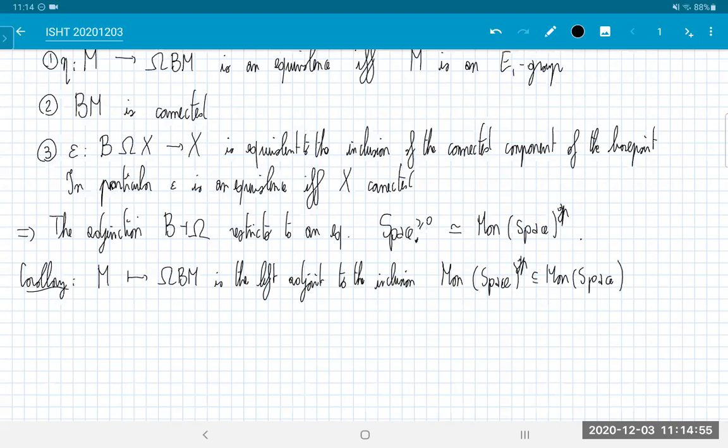And it's called group completion. It's sometimes written MGP for this reason. So if you want, it's formally inverting all elements of M, morally. So that's just an immediate consequence from the theorem.